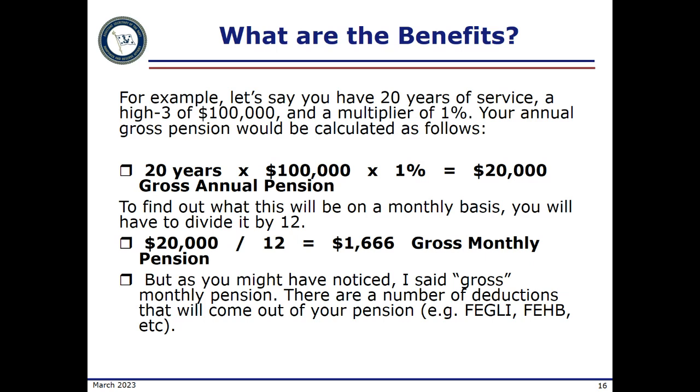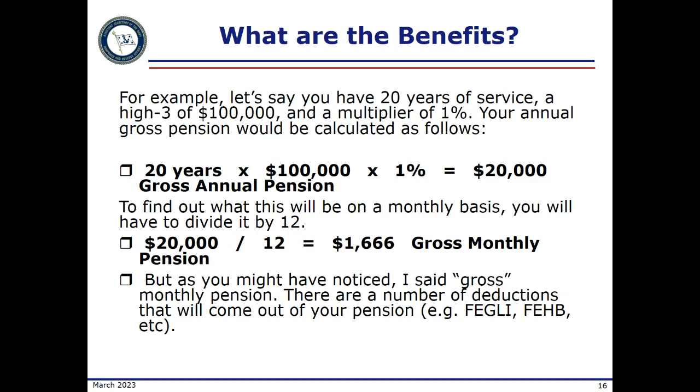So to find the monthly annuity, you would divide that amount by 12 because there are 12 months in a year. The gross monthly pension amount is $1,666. Now, keep in mind, this is the gross amount and does not include deductions that come out of your pension for things like life insurance, health benefits, and other things.